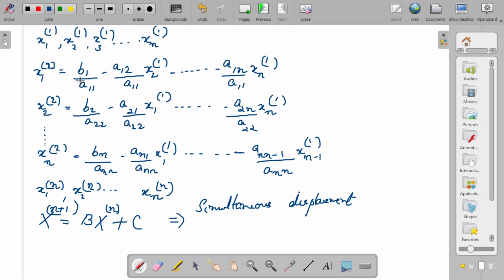First you find all the second approximate values, then using this second set you find the third set of approximate values for each unknown. Similarly, you simultaneously go on displacing each one. This method is known as the Jacobi method of simultaneous displacement, used to solve a linear system of equations.